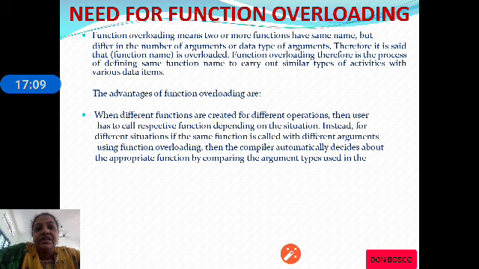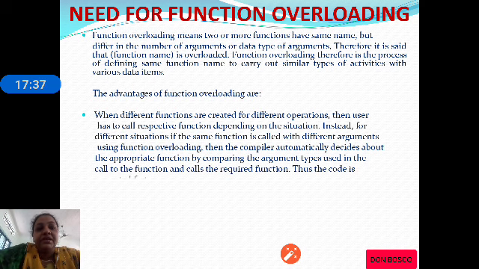When different functions are created for different operations, then the user has to call the respective function depending on the situation. Instead, for different situations, if we have the same function name called with different arguments using function overloading, then it is the job of the compiler to decide to execute the appropriate function depending upon the function call or the argument list, and the code also executes fast.